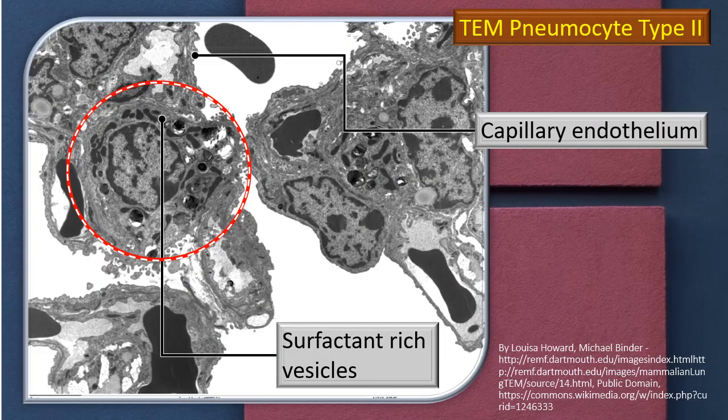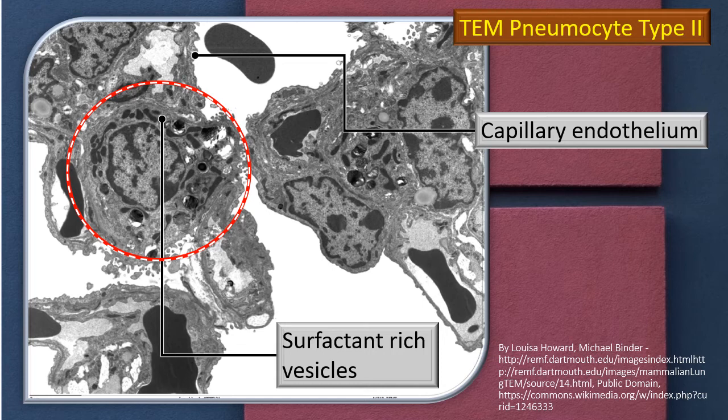Now, it's pertinent to recall these to have a view of the electron microscopic picture of this important junction, because this is the basis of the blood air barrier.